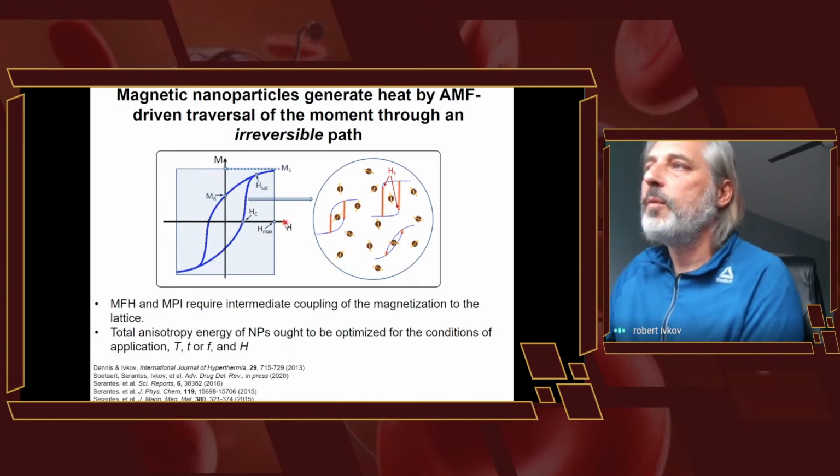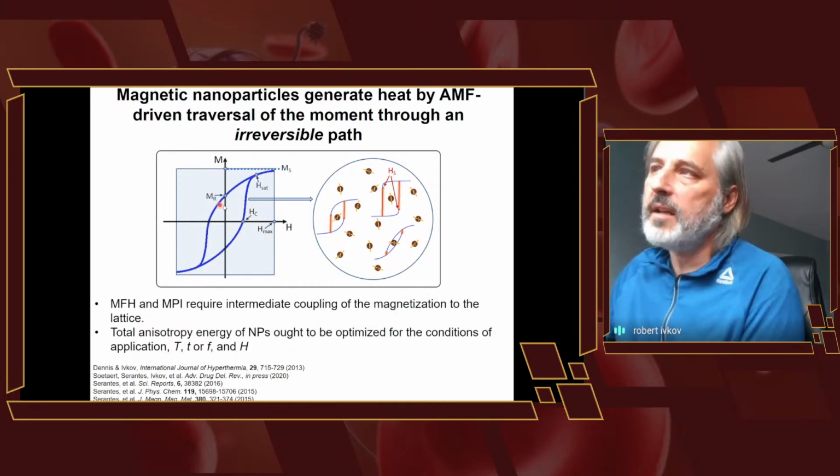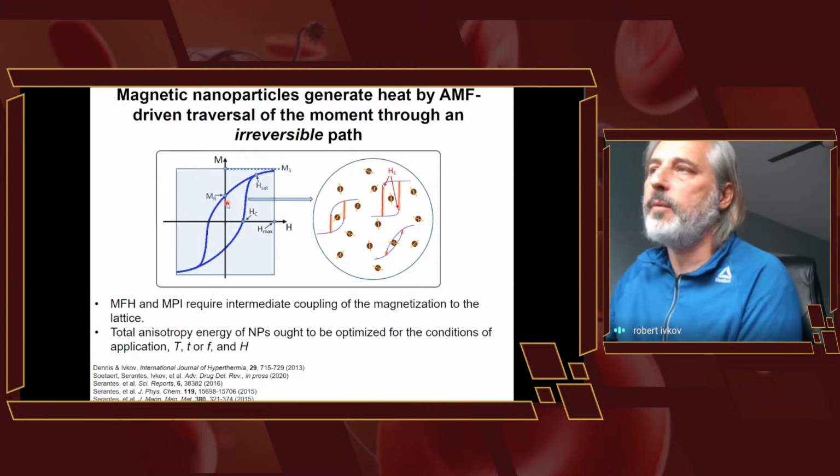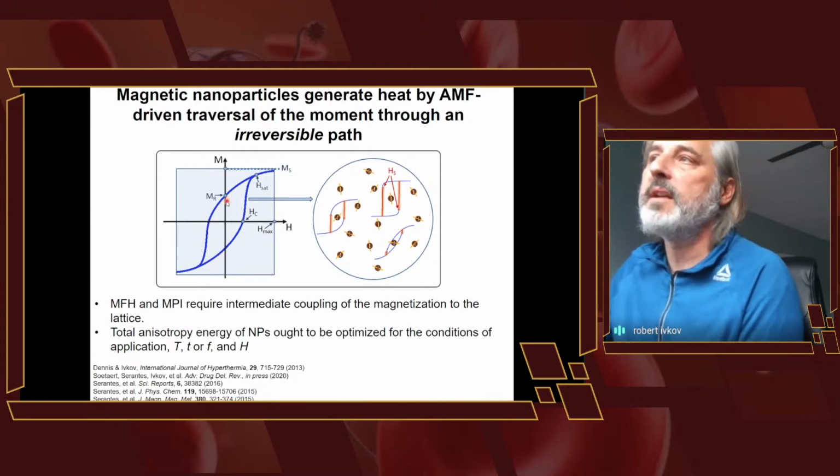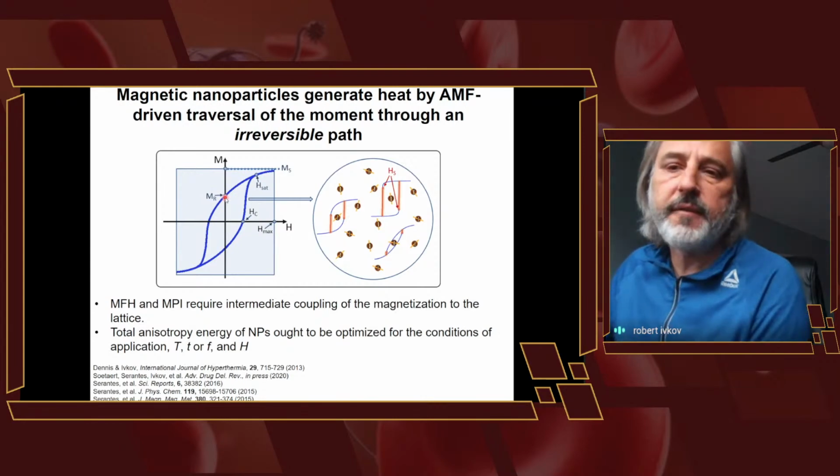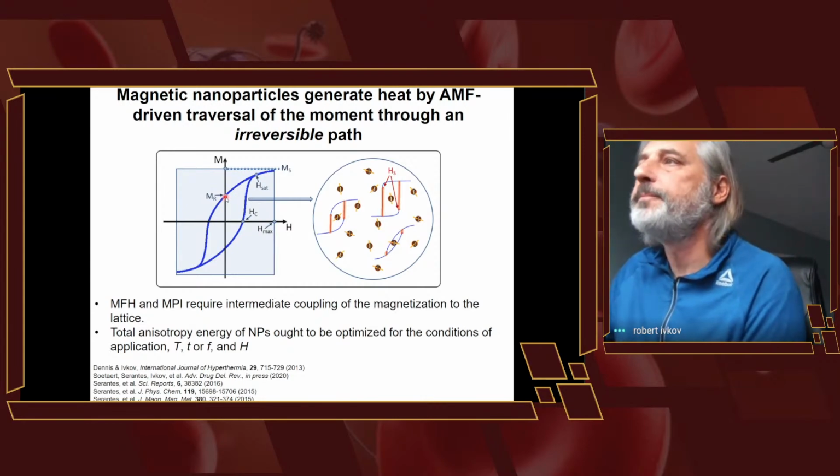And now if I reverse the magnetic field and go back down to zero, start taking away the magnet, what I can find is that in a ferro- or ferrimagnetic material, I will see a residual or remnant magnetization. In other words, the material is itself now a magnet. It has memory.